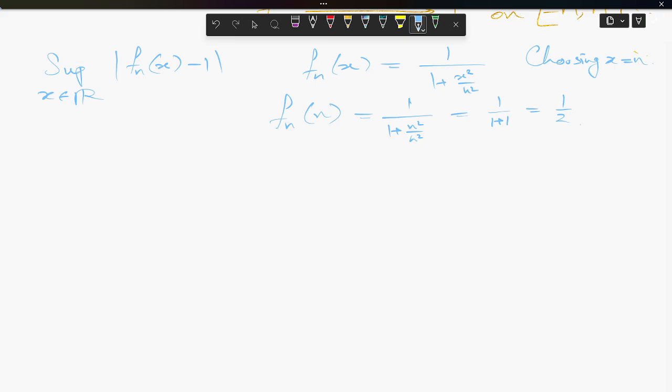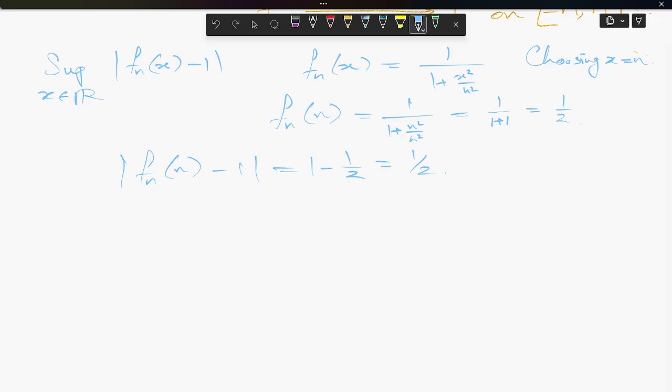Thus mod of f_n(n) minus 1 equals 1 minus half, that will be half. Since this bound does not tend to 0 as n tends to infinity, uniform convergence fails on R.